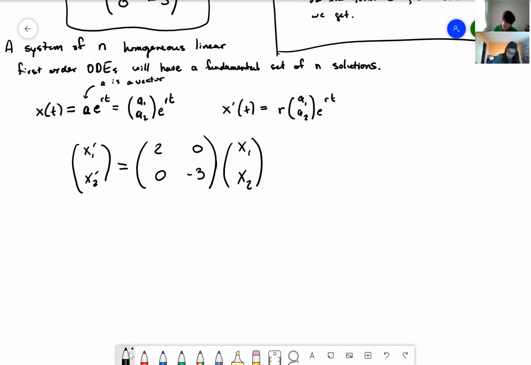So what happens when we multiply this out? We get 2 times x1 plus 0 times x2, and 0 times x1 plus negative 3 x2.